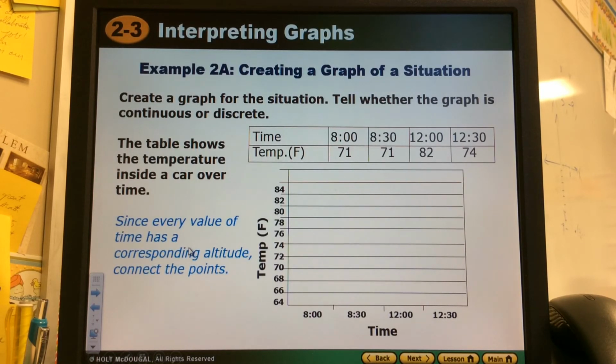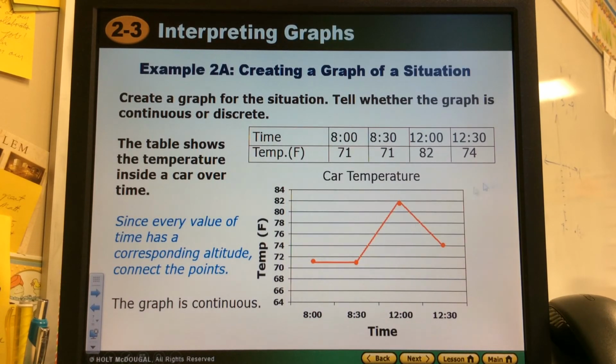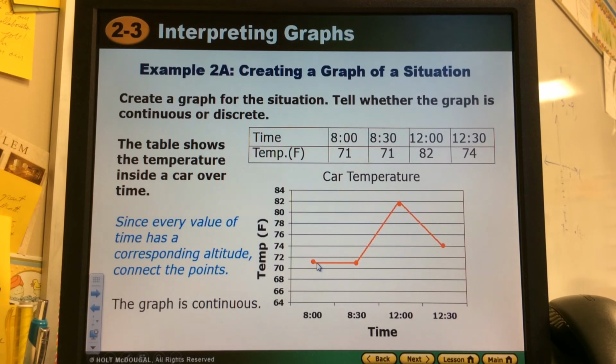All right, so if we plot the points and connect the dots, it's going to look like this. And the reason we connect the dots is because from 8 to 8:30, there was 8:01, 8:02, 8:02 and 20 seconds, 30, it's continuous. So we're going to have a line there because the temperature didn't change here as far as we know.